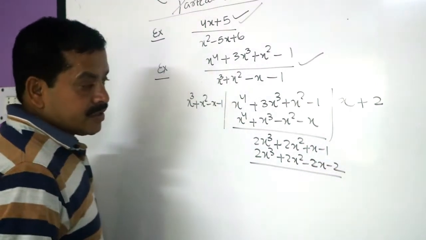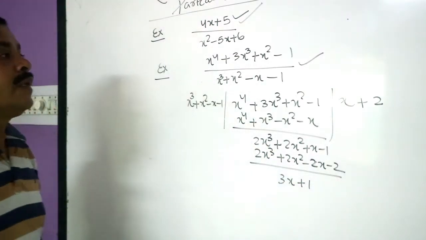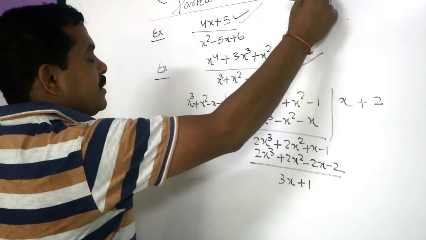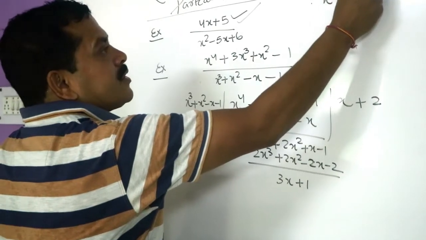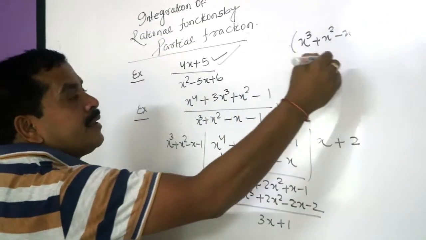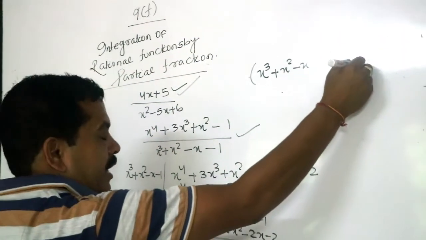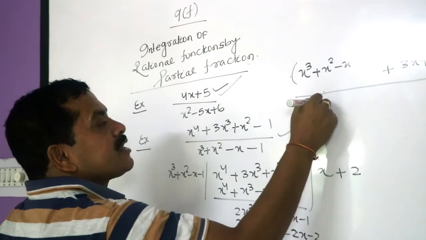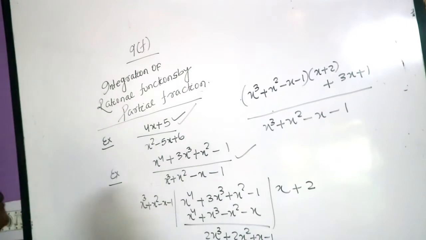Then after subtraction, this will be 3x plus 1. Then we can write the numerator as (x cube plus x square minus x minus 1) into (x plus 2) plus (3x plus 1), divided by x cube plus x square minus x minus 1.